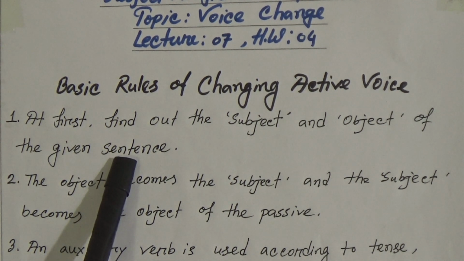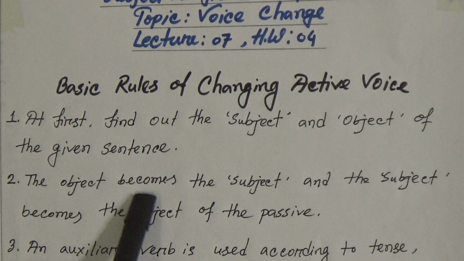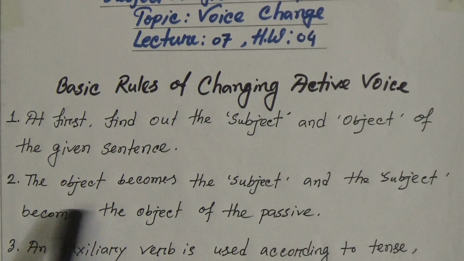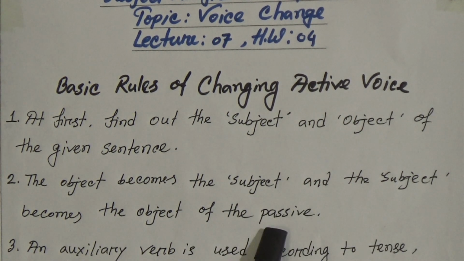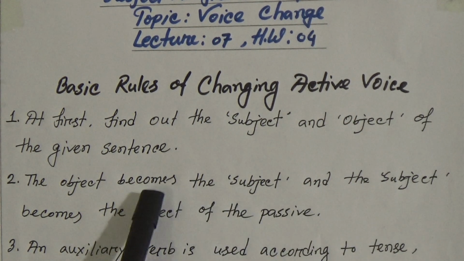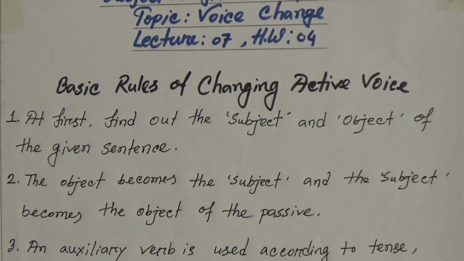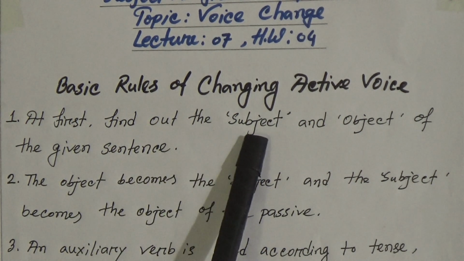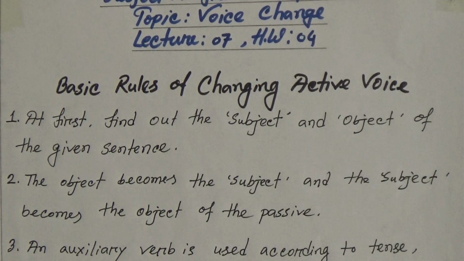Then number 2, the object becomes the subject and the subject becomes the object of passive. As the subject becomes object and object becomes subject, the first and necessary thing is finding out the subject and object of the sentence.